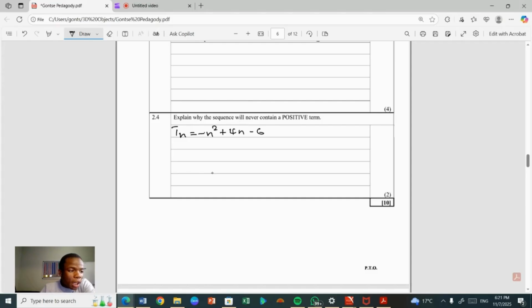Then from here, you just have to say Tn is equals to negative, into n squared minus 4n plus 4, minus 4 plus 6, right? Then when we're done, Tn is equals to negative, right, into n minus 2 squared.